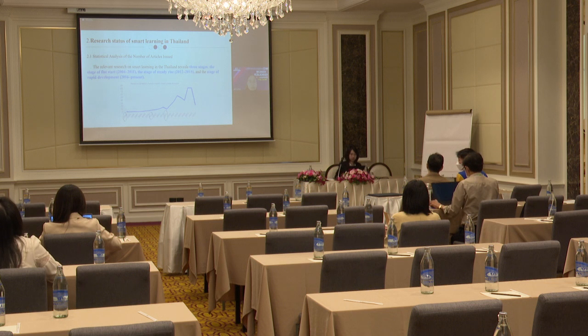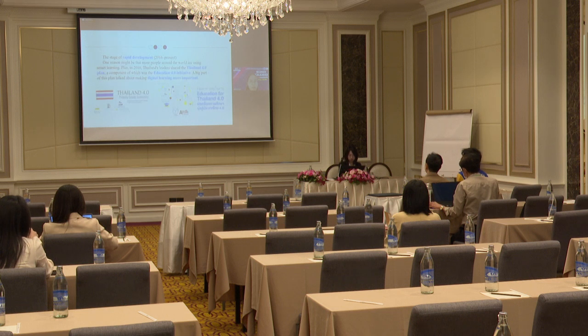The first stage is the flat start from 2004 to 2011. The second stage is the steady rise from 2012 to 2015. And now we are in the stage of rapid development from 2016 to the present.